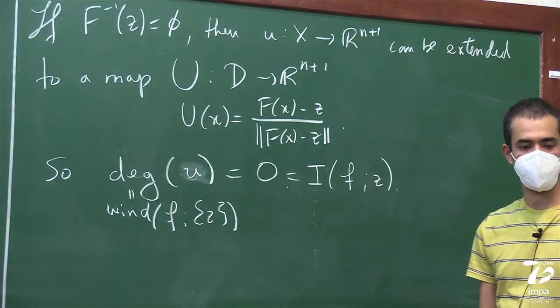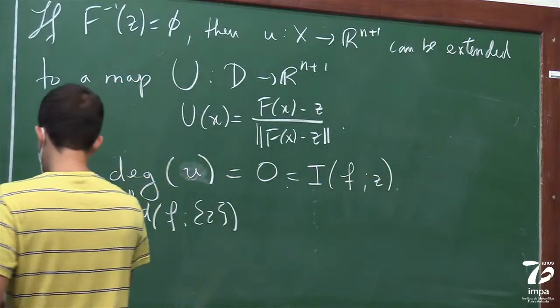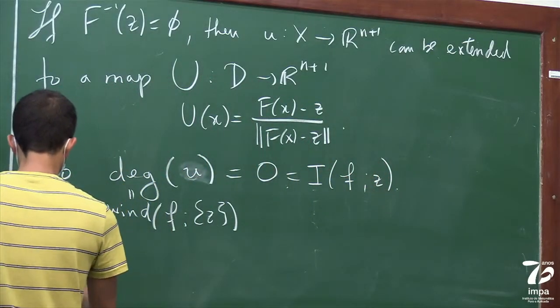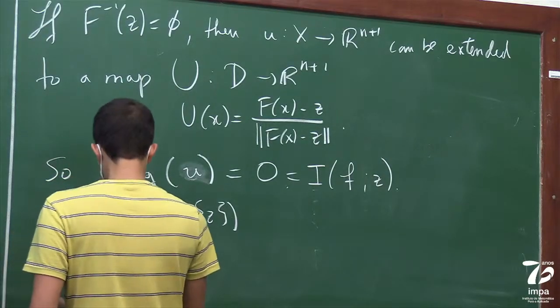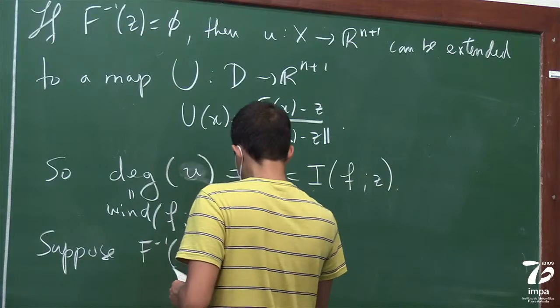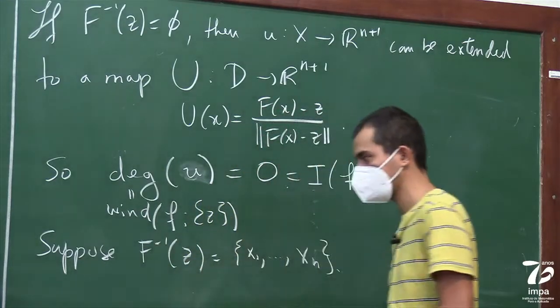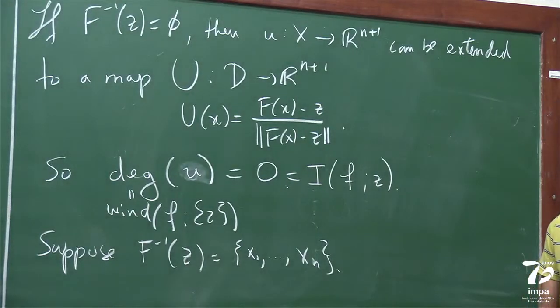All right, so now let's suppose it's not. So now suppose that the preimage of z is a bunch of points x1 through xk.